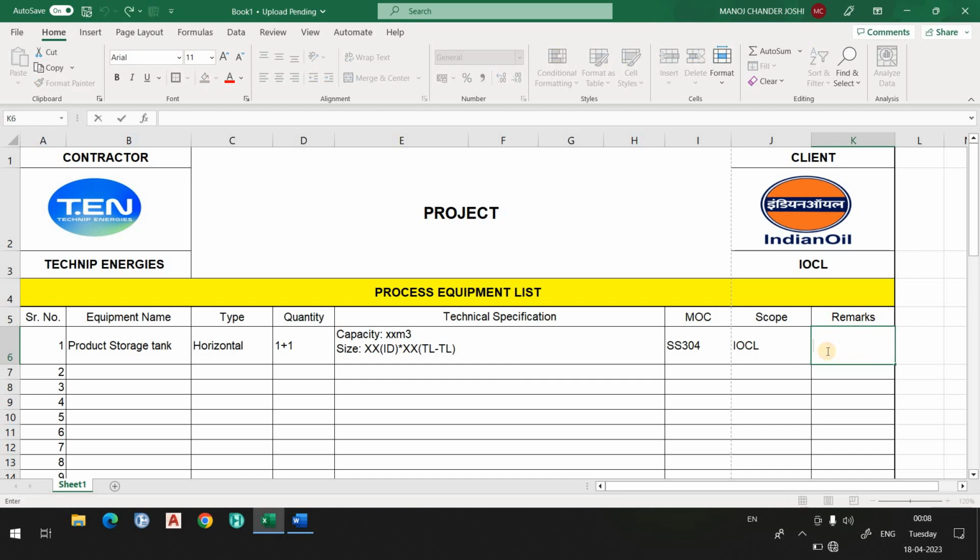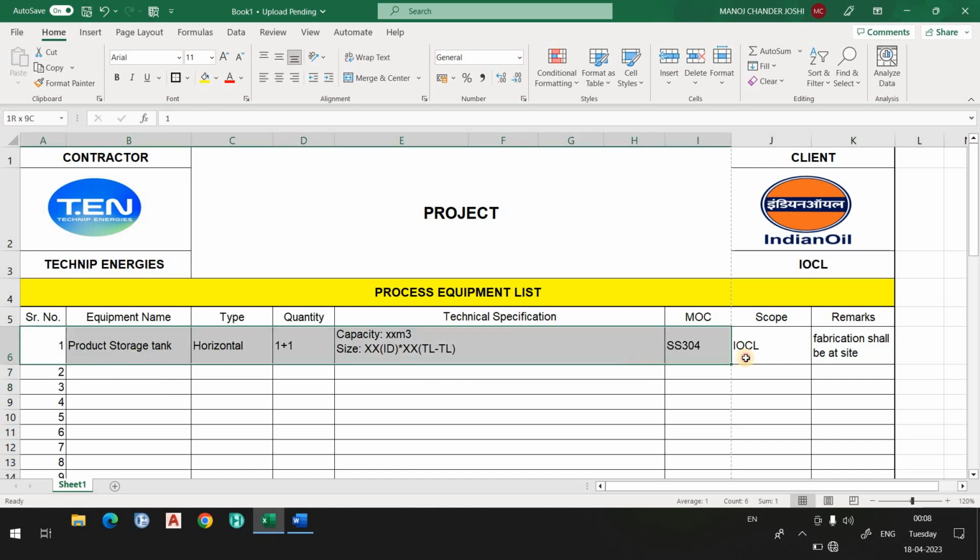Let's suppose one remark: fabrication shall be at site. This is just a remark, some extra information apart from the technical information, and that is also very important.